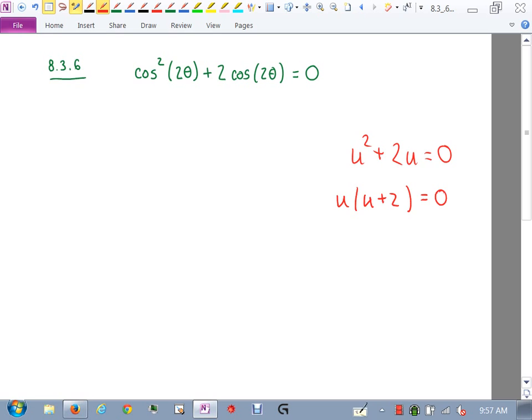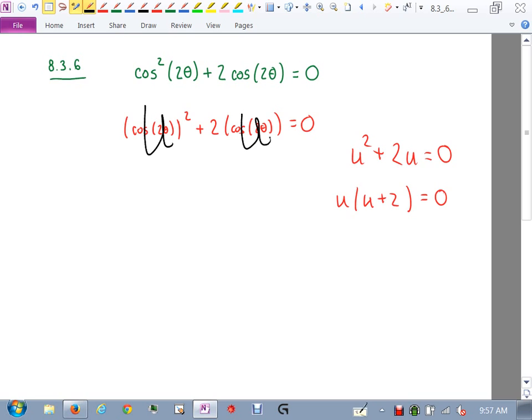Yes? So what I need you to see here is that when this is written, what we really mean is cosine of 2 theta squared plus 2 times cosine of 2 theta. I need you to see that the little squared here, remember what it meant. It meant that we were taking the cosine 2 theta, the whole thing, and squaring it. So this is kind of like a u squared plus 2u, isn't it?